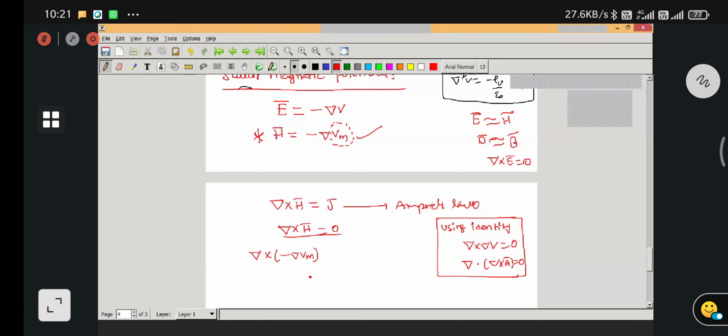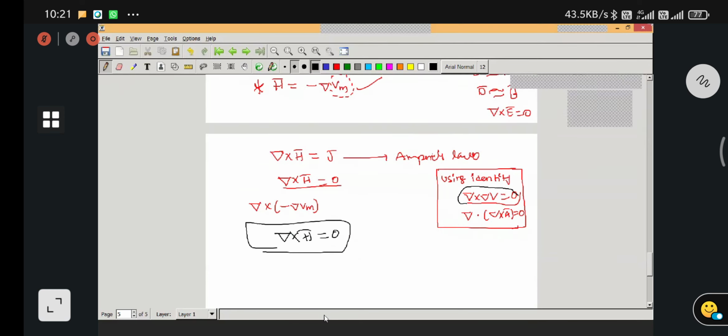Taking the cross product, curl of minus del Vm. Using the identity, curl of grad V equal to 0, I write curl of H equal to 0.